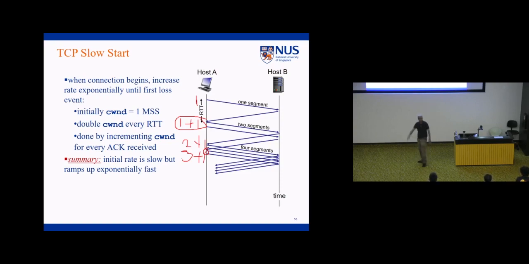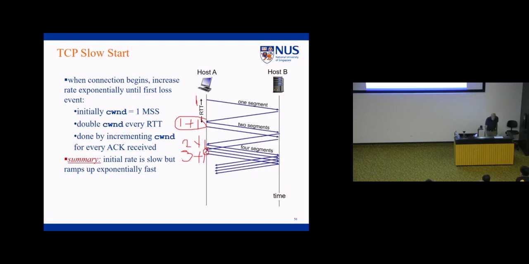Every round trip time my window doubles. So this is TCP slow start, and the whole idea here is I want to ramp up very quickly. Now I can do this, so then it will be 16, then 32, then 64, 128, 256. But if I do this, I'm going to run into problems very soon, right? You can see that. So what TCP also says is we don't do this forever.